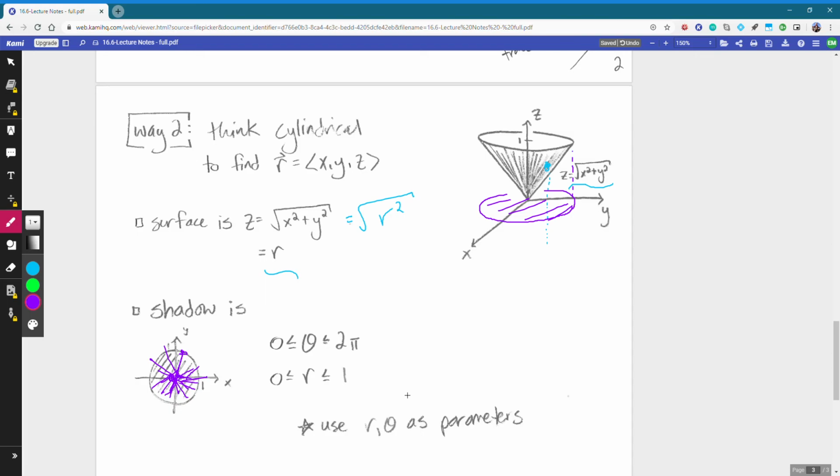All right. And so here, our surface z is given in terms of r, and our shadow, we have a nice description in terms of r and theta. And again, what this is suggesting to us is that with cylindrical, we want to use r and theta as our parameters and get x, y, and z in terms of them.